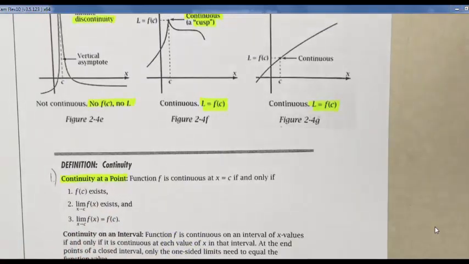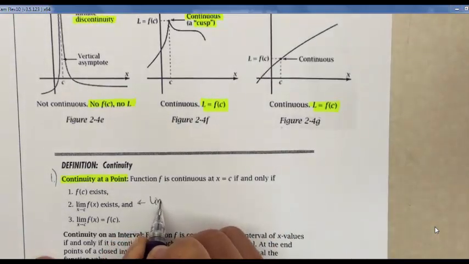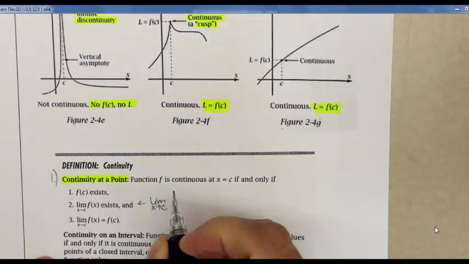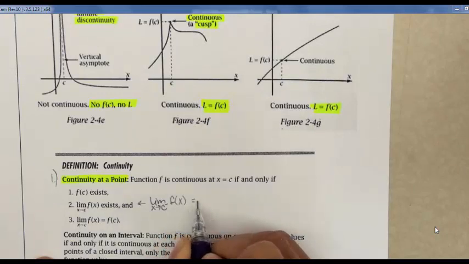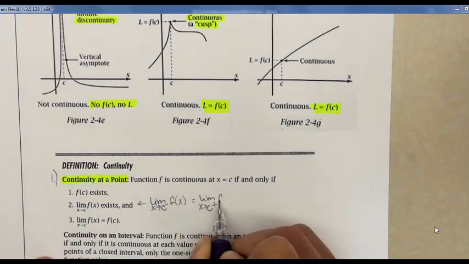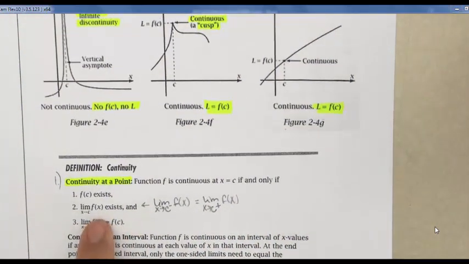So maybe we should write that down. This means the limit as x approaches C from the left of f of x will equal the limit as x approaches C from the right of f of x, right? Those left and right hand limits have to be the same, which means your limit does in fact exist.